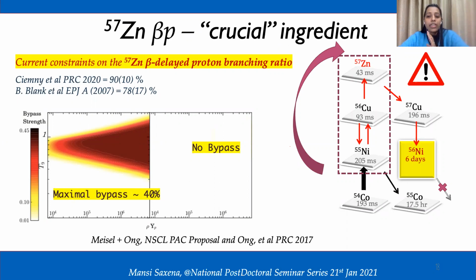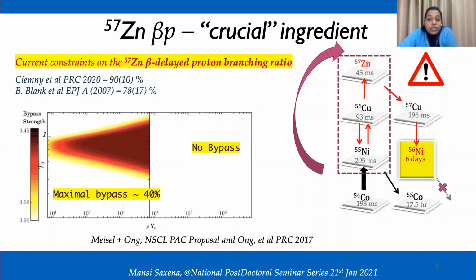Considering the maximum favorable condition, taking a 3 sigma lower bound for this branching ratio, we can see that 56Ni is significantly bypassed, by about 40%. And in the minimum favorable case, if I take the 1 sigma upper bound, that is essentially 100% branching ratio, effectively there should be no bypass.